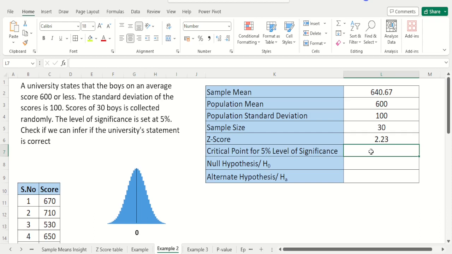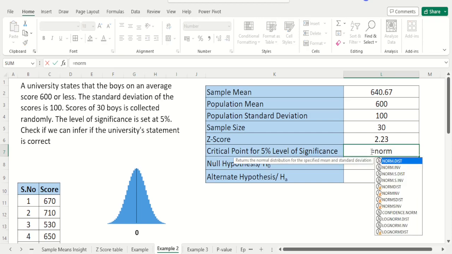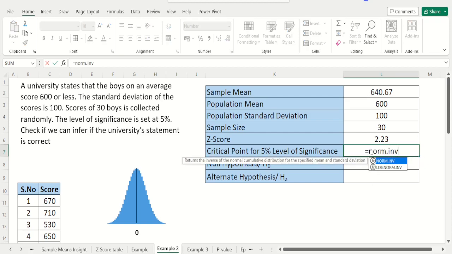There's also a norm.inverse, if you recall. The way norm.inverse works is you type in the Excel formula norm.inverse, and it takes the probability. If our level of significance is 5%, then the remainder of the probability is 95%, which gives you the critical point, right?